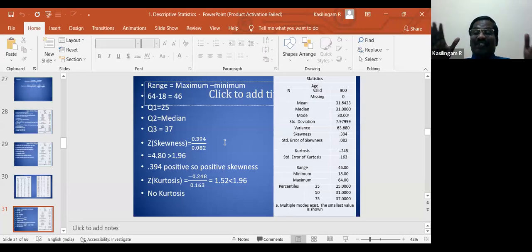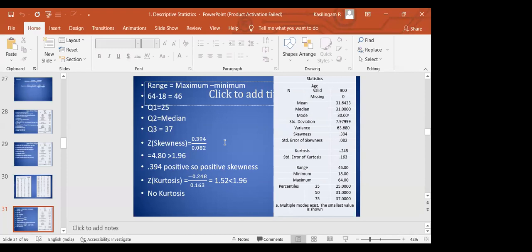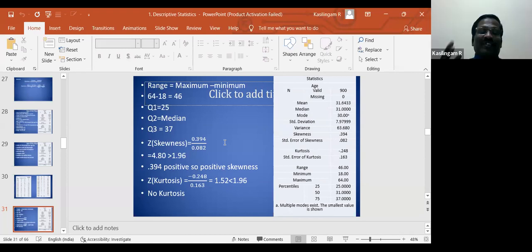If it is negative, there will be a minus sign. When there is no sign, it means positive, which means there is a positive skewness. Okay, very good.